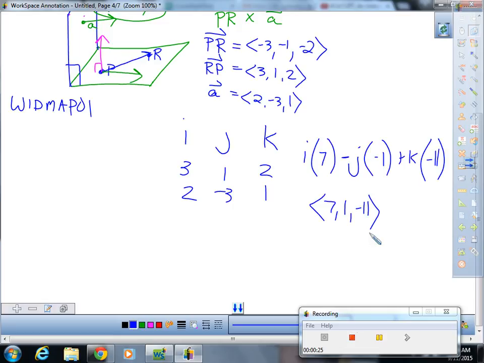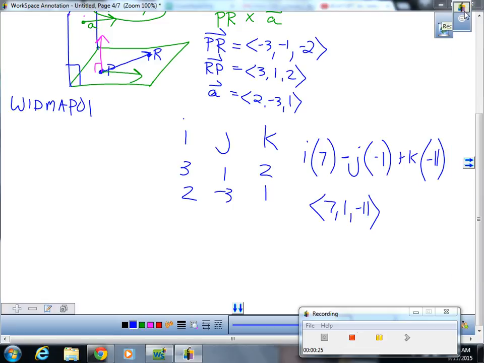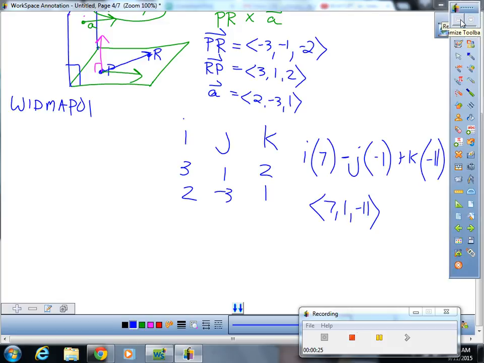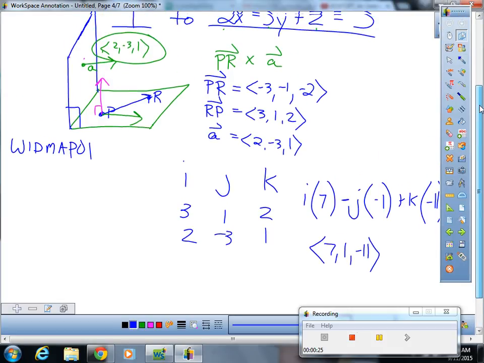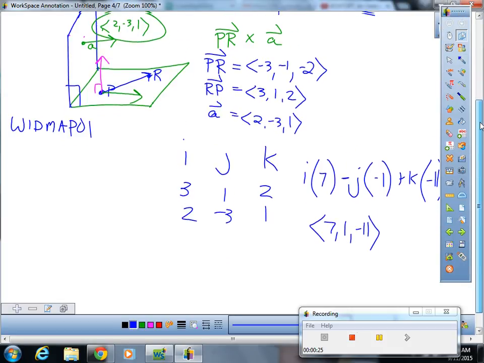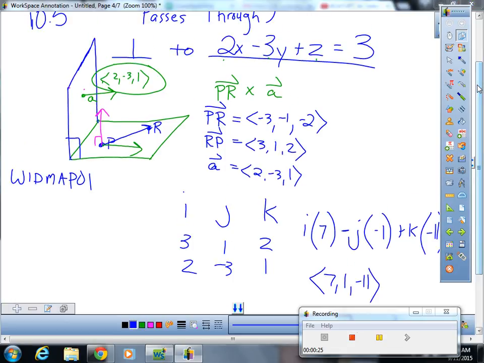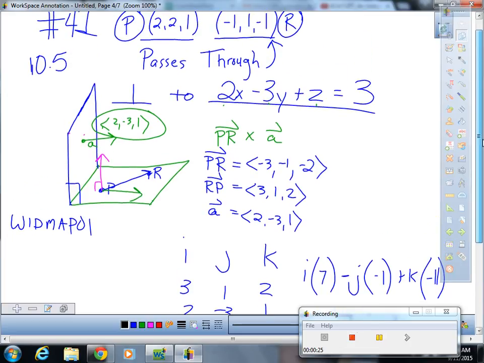So we can define the plane as, okay, we can define the plane. Let's use, I need to get to my points. This is tough. 2, 2, 1.